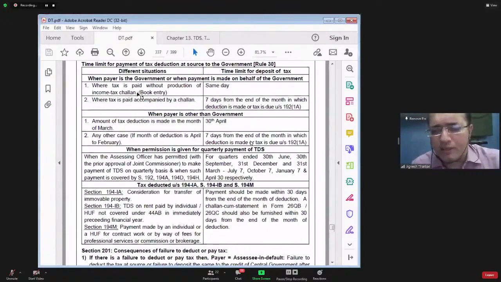Internally one entry will be passed. Ministry of Education has to receive 40,000 crores. So Ministry of Finance will say, whatever TDS you have deducted, 1,000 crores, we are adjusting against this. So now Ministry of Education is going to receive only 39,000 crores. Are you understanding? Yes or no?